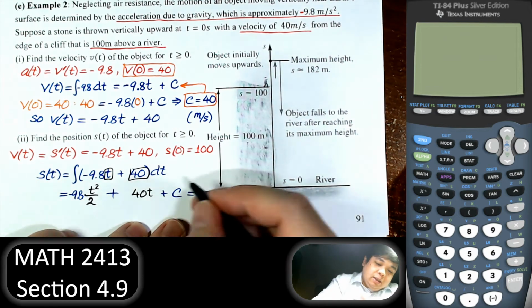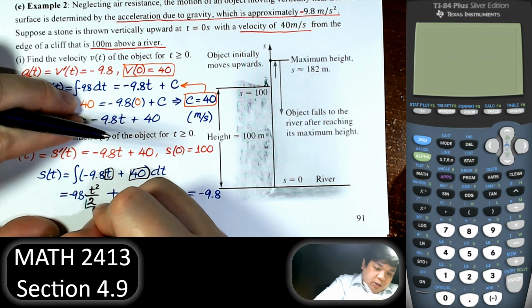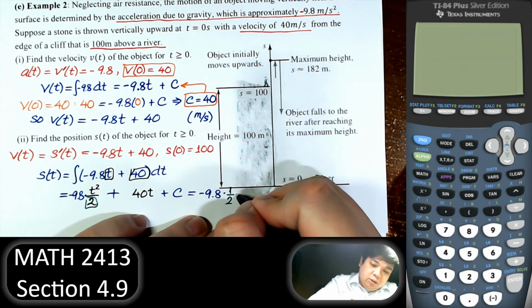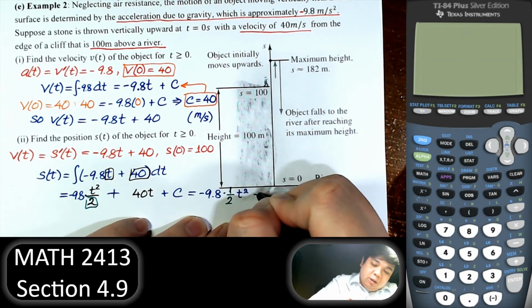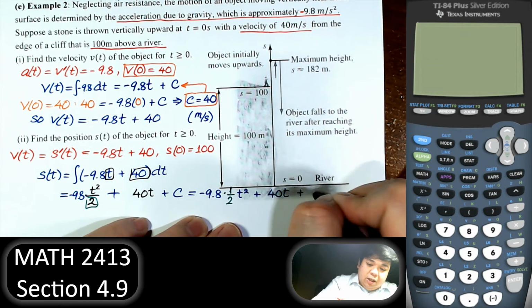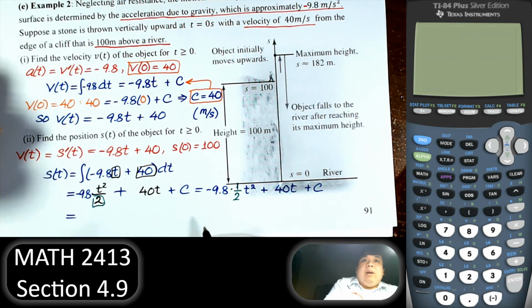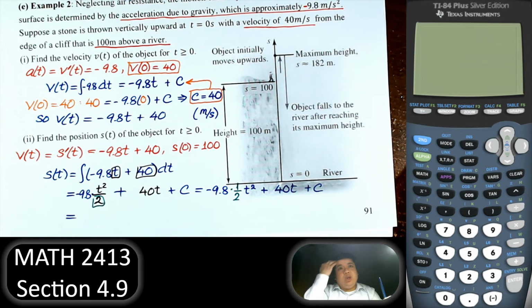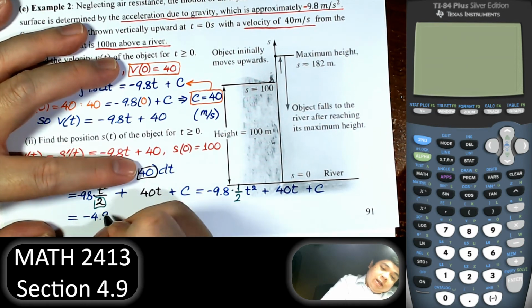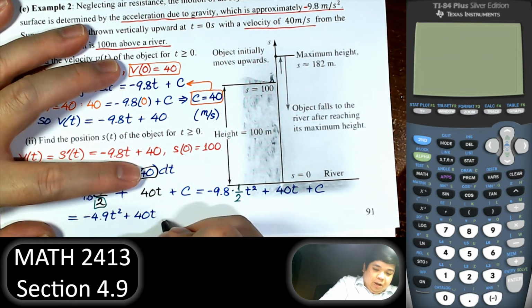Now dividing by 2 is multiplying by the reciprocal, so 9.8 divided by 2 is 4.9. Negative 4.9 t squared plus 40t plus c.